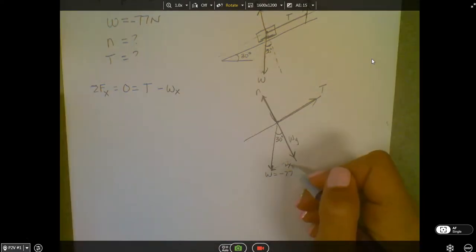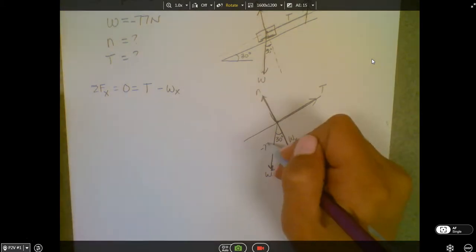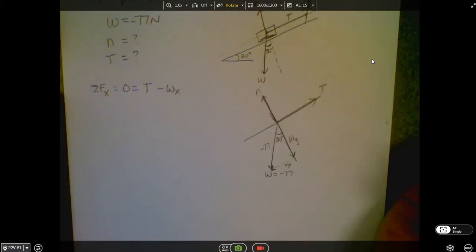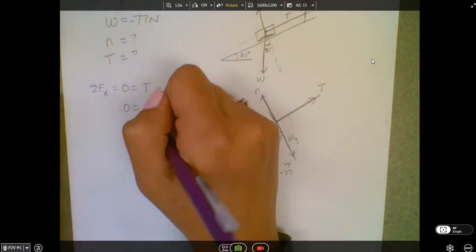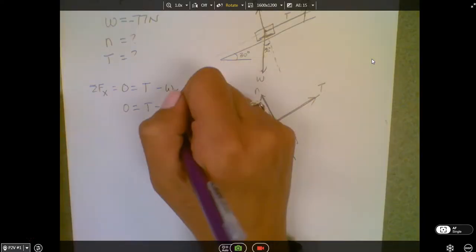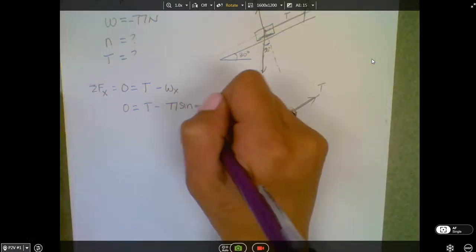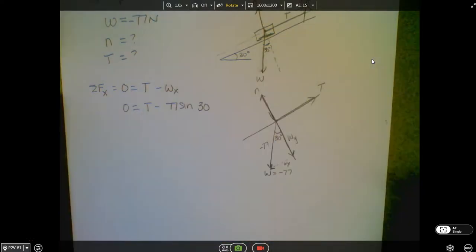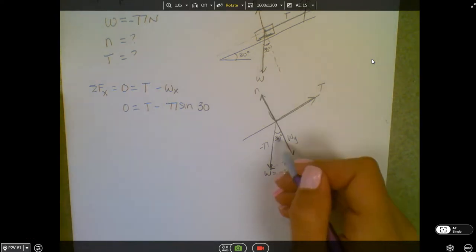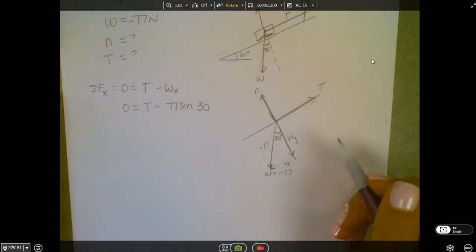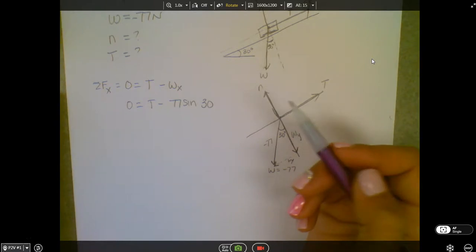Now we can find out what Wx is because the negative 77 is really just the hypotenuse. So really we can change this to 0 equals T minus 77 sine 30, because this is the opposite from the angle. Okay, so it's negative 77 sine 30.